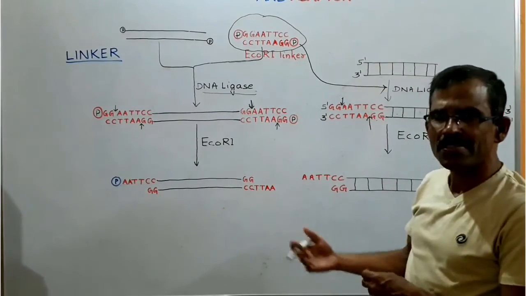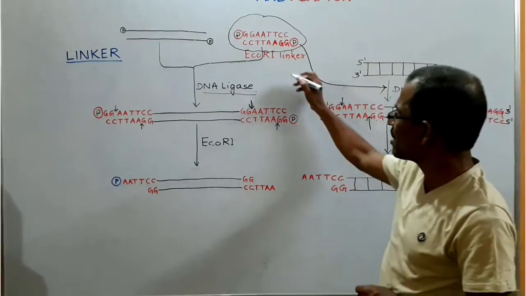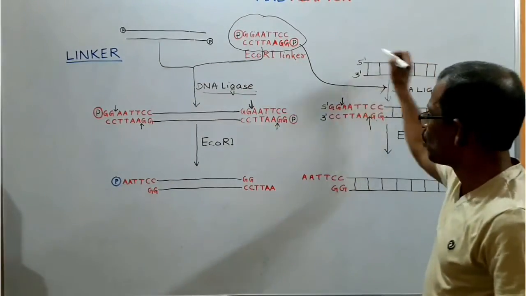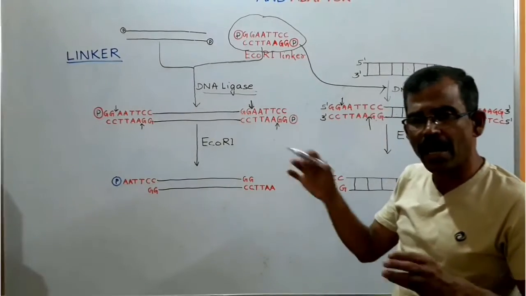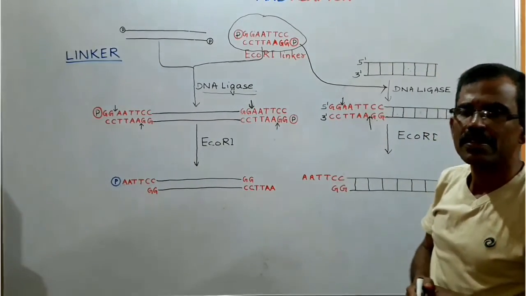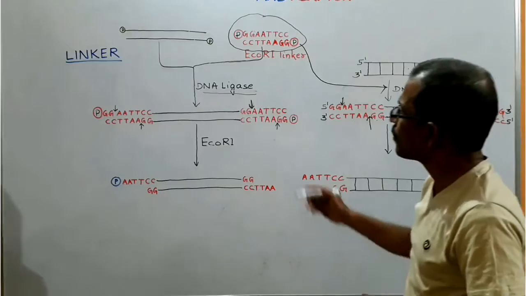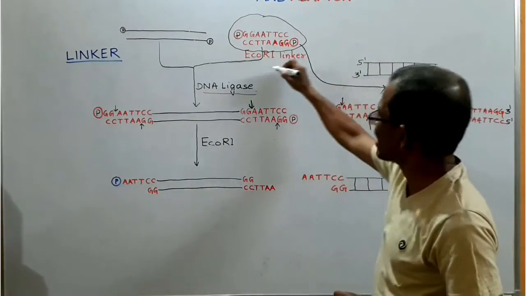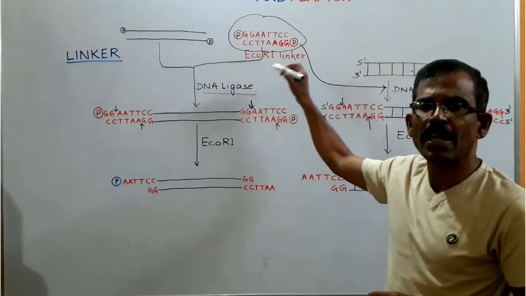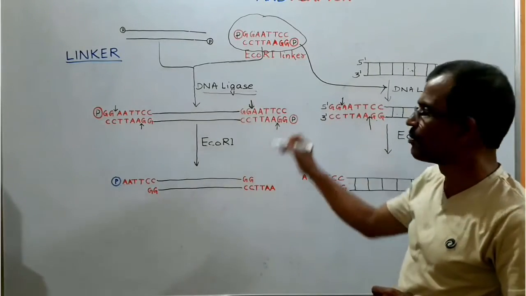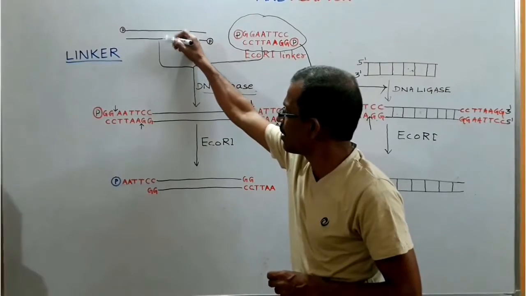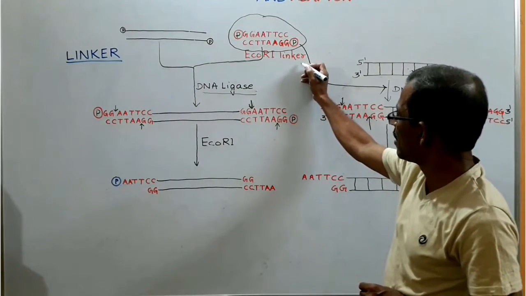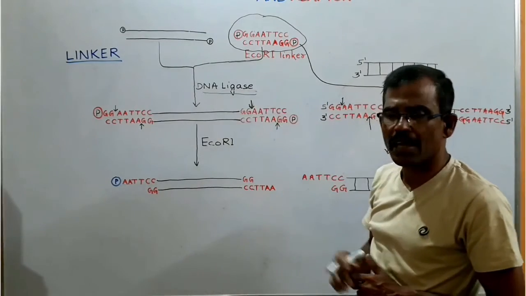So now we will see how by using this EcoR1 linker these two DNA fragments which have blunt ends can be ligated easily. First of all, we have to ligate these two DNA fragments with the same linker by using the enzyme DNA ligase. So this double-stranded DNA molecule is ligated with the EcoR1 linker by using the enzyme DNA ligase.